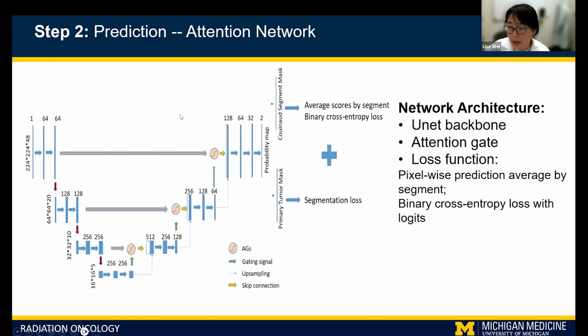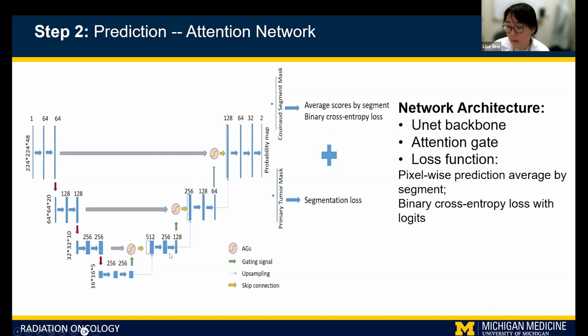And the first step is to get the Couinaud segments. And the second is to predict where the tumor will recur in the segment. And we use an attention network as shown here. It still has a UNet backbone structure.